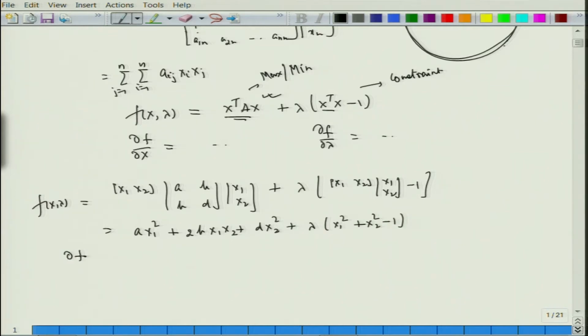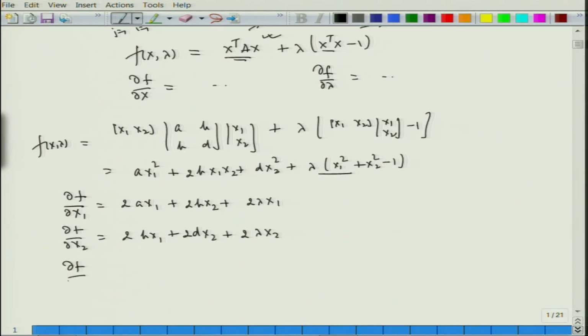Now, if I differentiate with respect to x1, I get 2a x1 plus 2b x2 plus 2 lambda x1. Del f by del x2 is 2b x1 plus 2d x2 plus 2 lambda x2.